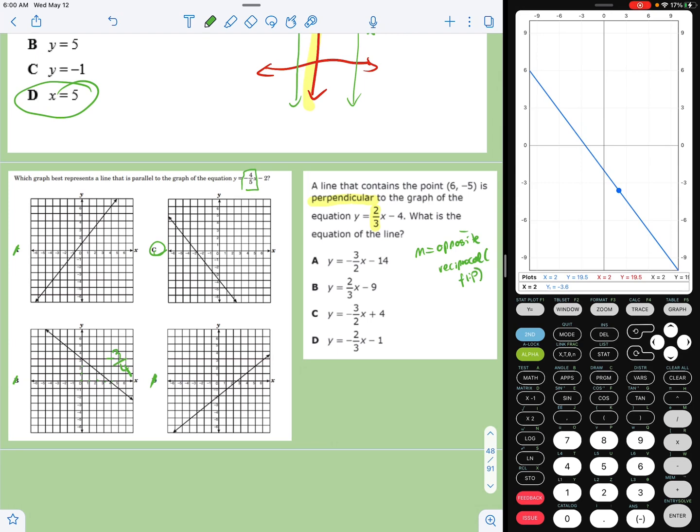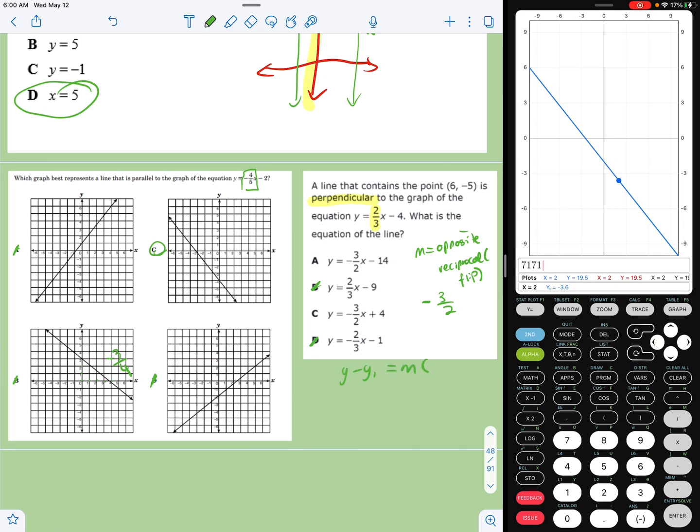All right, let's do this. So instead of 2/3, it's going to be negative flipped 3/2. So which answer choices do we have? Not B, not D. All right, so plug this into y minus y1 equals m times x minus x1.